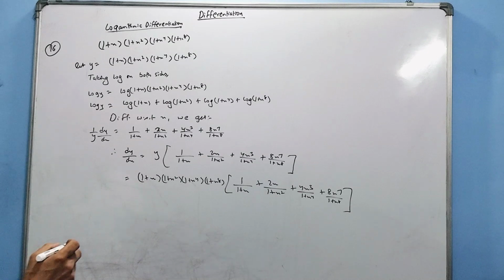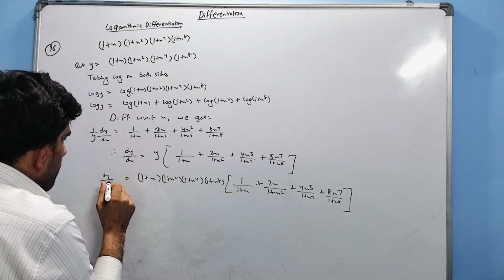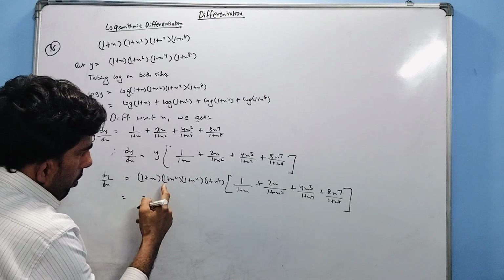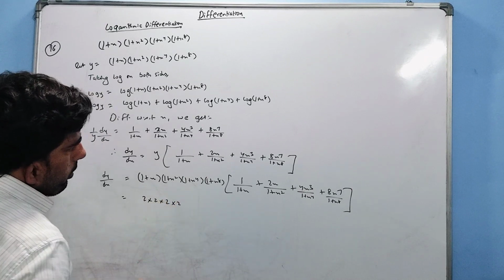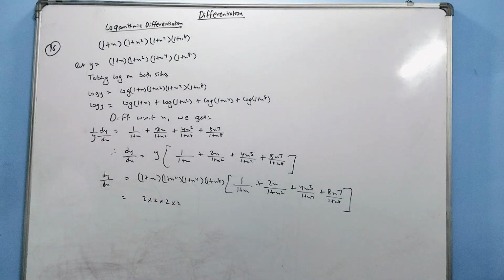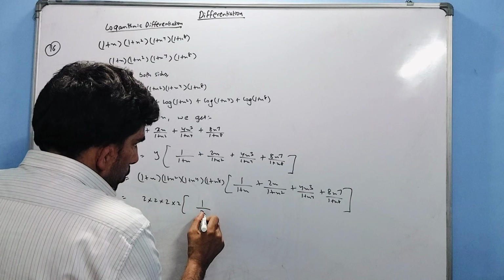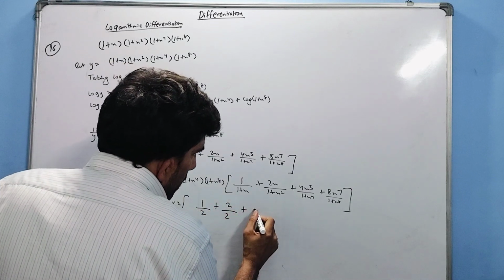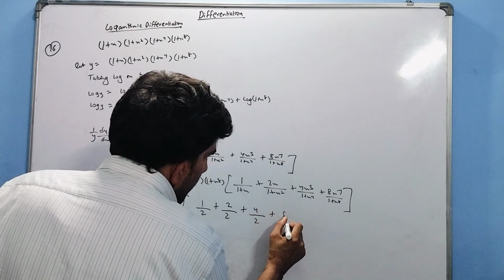Now we need to find f dash 1. So if I put x equal to 1, 1 plus 1, 2, 1 plus 1, 2, 1 plus 1, 2, 1 plus 1, 2, because having 1 any power will give we answer 1. So we have this. So we have here 1 upon 2 plus 2 upon 2 plus 4 upon 2 plus 8 upon 2.